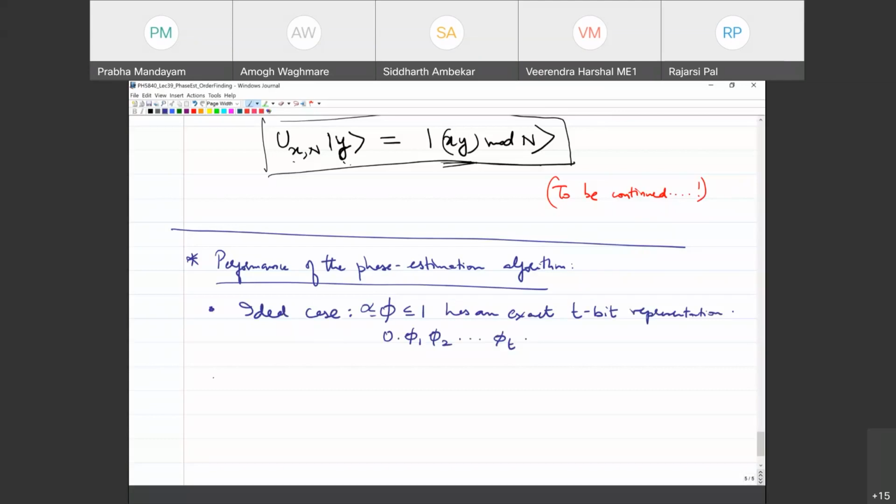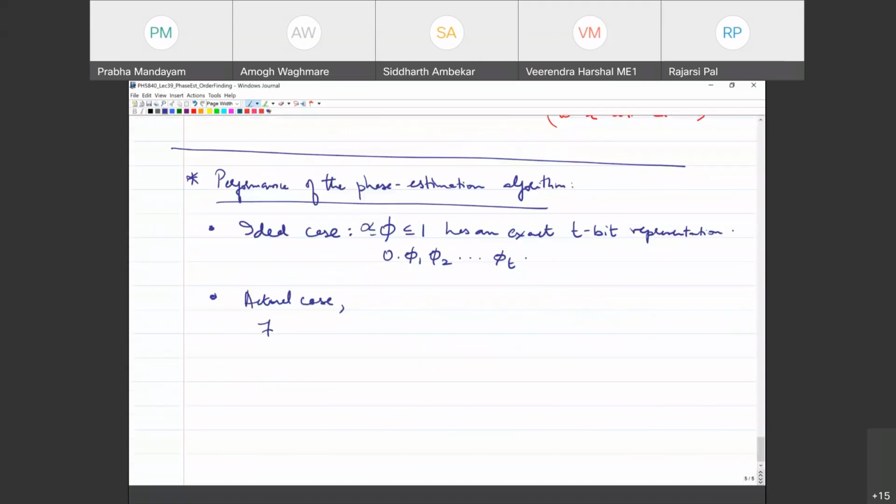Now, in the actual case, let us look at the final state after the controlled unitaries, after all the controlled U to the 2^k operations. So e to the 2 pi i phi is the eigenvalue.